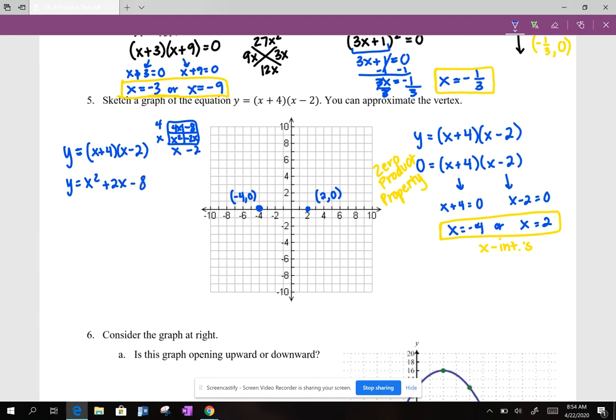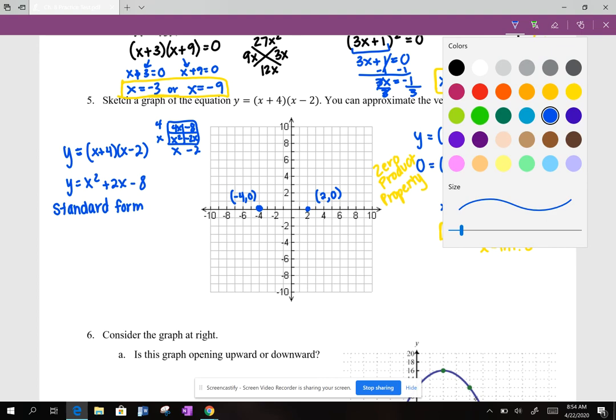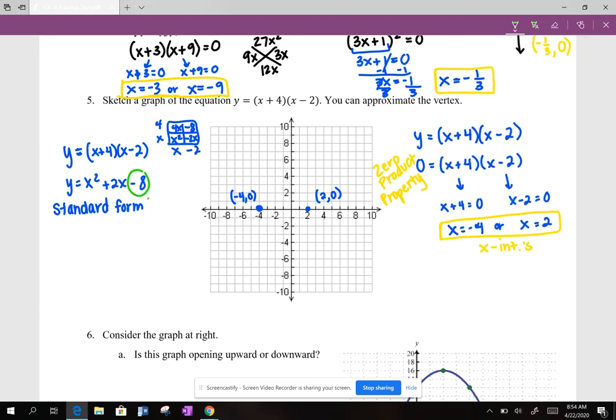When I have an equation in standard form, which is this, blank x squared plus blank x plus or minus blank, this last term is my y-intercept.